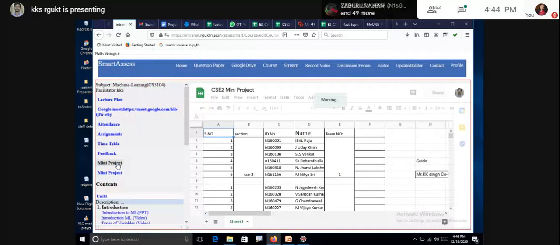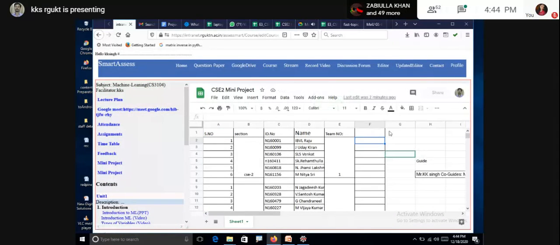You have to write here the title of the project. Any student, just try to access this. Are you able to open in edit mode?